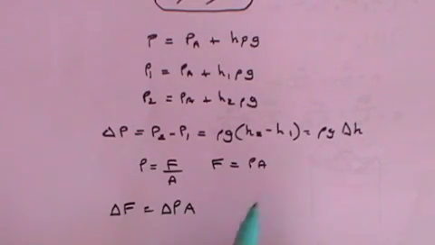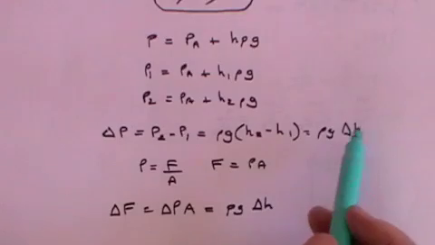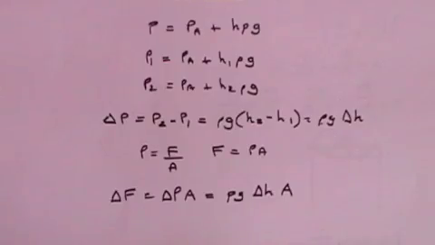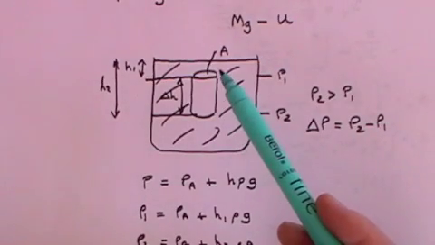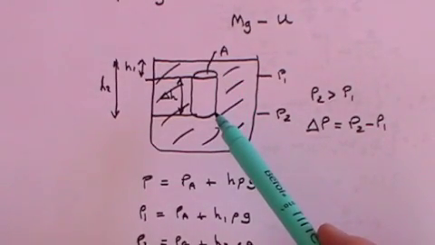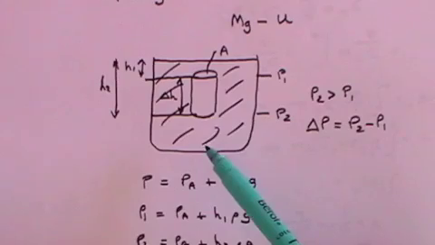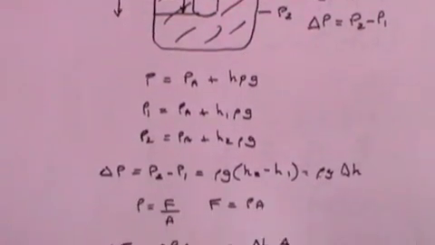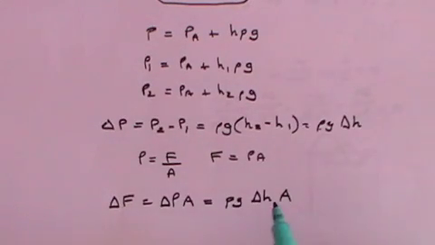And that's going to be equal to rho g delta h, which is essentially delta P, times A. And that difference in force is the upthrust. It's the difference between the force at that point and the force at that point. The force at this point is greater, pushing upwards. And so you've got what is called the upthrust.